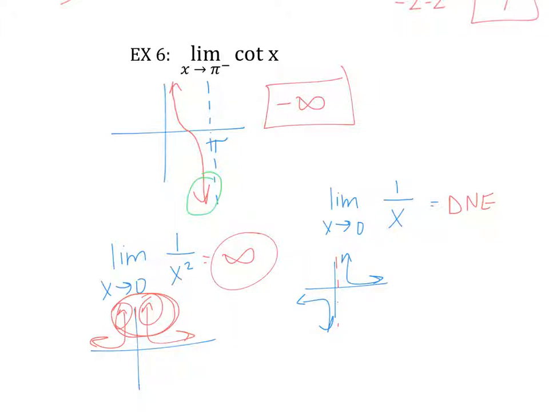If I just put does not exist, that could mean a lot of different things. So if they're asking you the overall limit, you can also, again, ask yourself, is the limit from the left and right the same thing? All right, we'll have fun taking limits. But we got to go on. Okay?